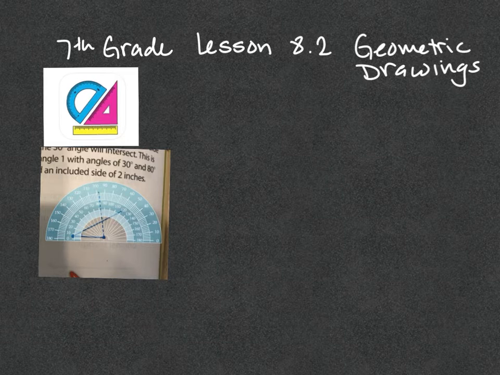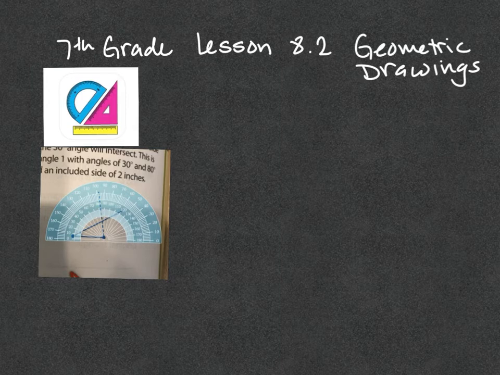So, a quick review on using a protractor. Notice you have it counting from 0 to 180, a straight line going this way, but you also have it counting from 0 to 180 going the other direction. That's so that if you have an angle facing this direction, like this one is, you can start at 0 and measure it.